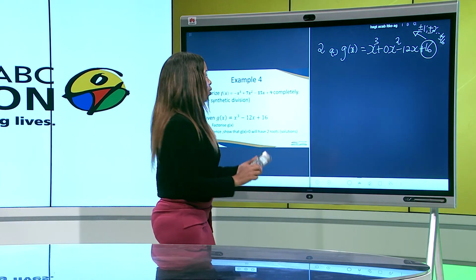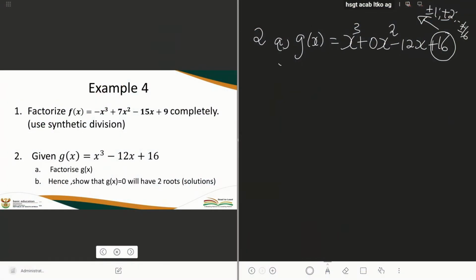Oh, since we know that in this case, we don't have f at x, you are given g at x. So our g at 2 gives us the remainder of what? Of 0. Therefore, it means x minus 2 is a factor of the polynomial.